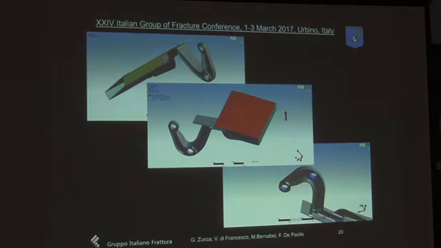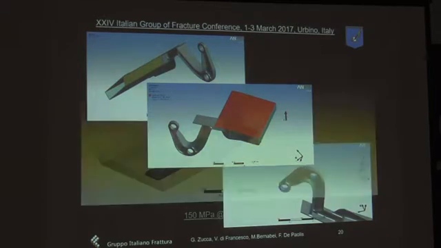So we performed an analysis with constraints as similar as possible to the real ones, and with a static load, that is the mean load calculated on the basis of a fluid dynamics simulation performed by the OEM. Okay, this is not useful for fatigue, but it is useful to have a map of stress that can give us the representation of stress on the piece.